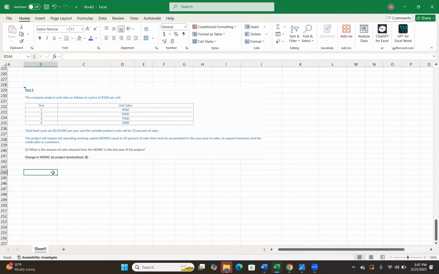Okay, here we go. So in year one, let's calculate it like this. Units, sales, price. I have a feeling we're going to calculate sales and net working capital. Yep, net operating working capital is 20% of sales. Sweet. So units, I've got, let's see, year 1, 2, 3, 4.